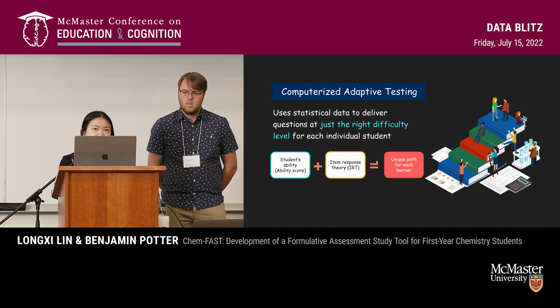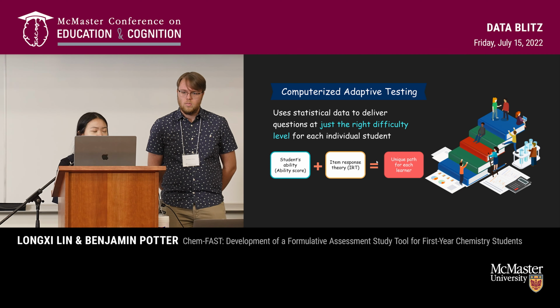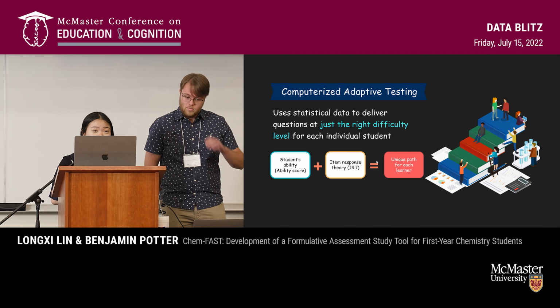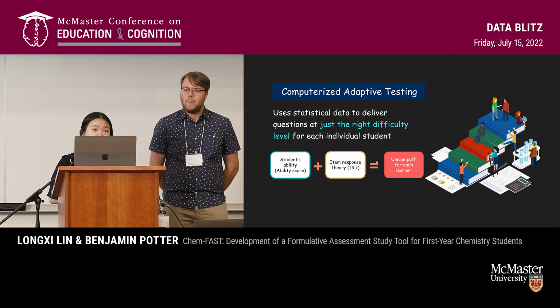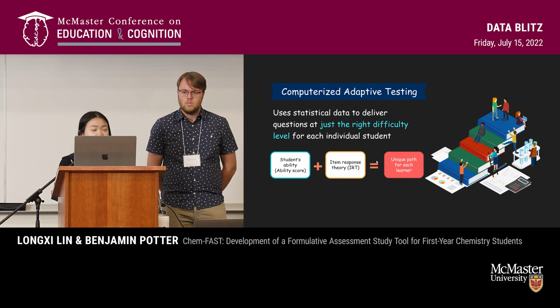What adaptive testing does is use statistical data, which we're going to colloquialize as an ability score, combined with item response theory to develop a custom journey. Continuing the staircase analogy, one student might climb smaller steps and another might take 2 steps at a time. As a result, we can really meet and identify student needs.